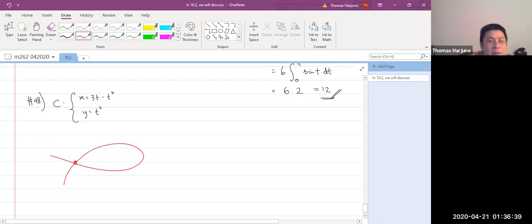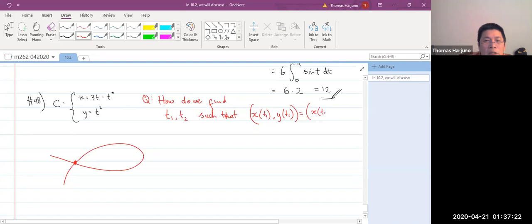Okay, it intersects itself, so there must be 2 times that hit the same coordinate twice. Now the big question is, how do we find those t's, t1 and t2, such that x of t1, y of t1 is equal to x of t2, y of t2?